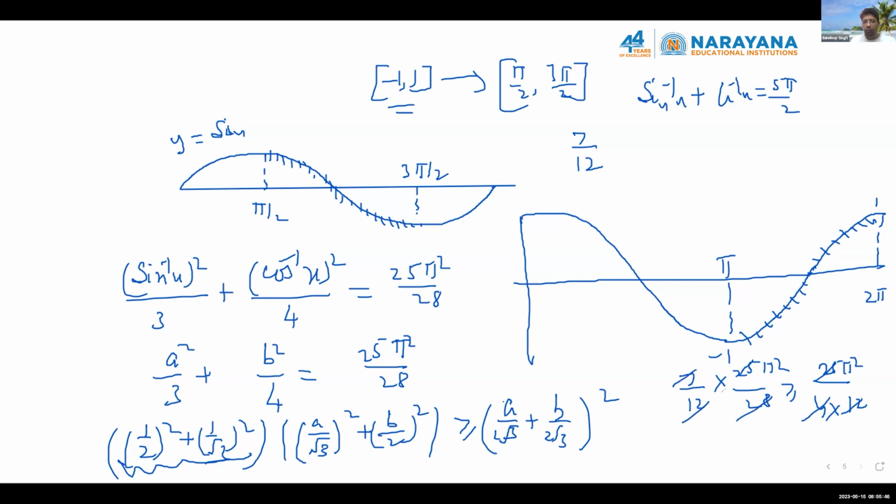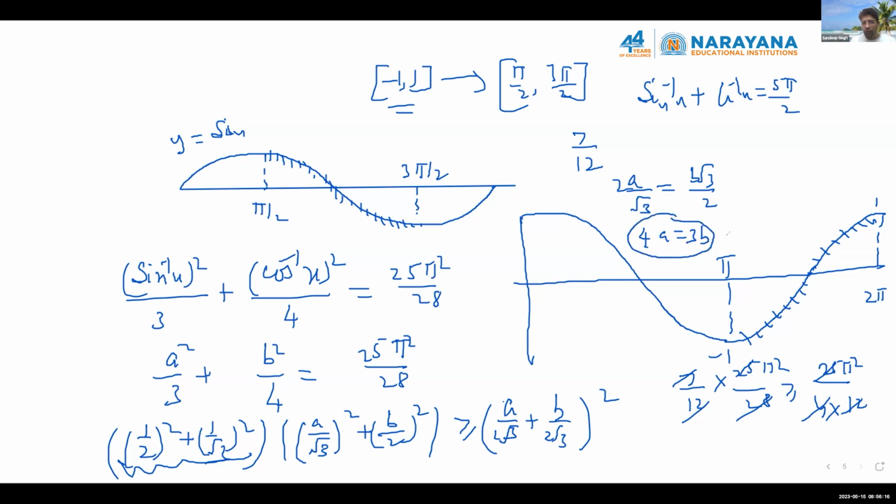Clear? So that means equality is happening here. Yes, sir. That means equality will only happen when the ratios are equal. That means A by root 3 by half equals B by 2 upon 1 by root 3. That means 4A equals 3B.